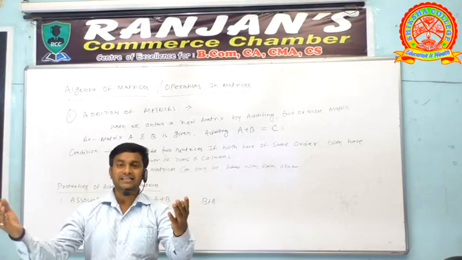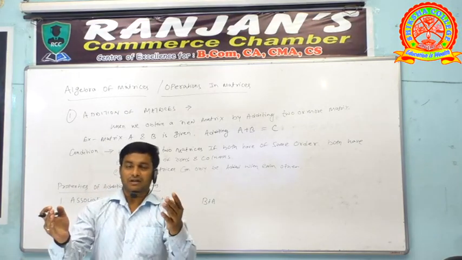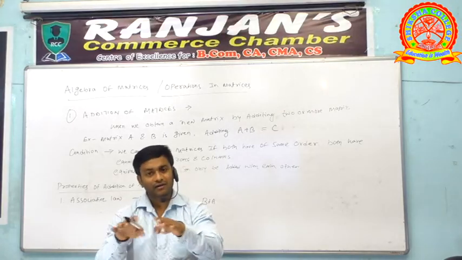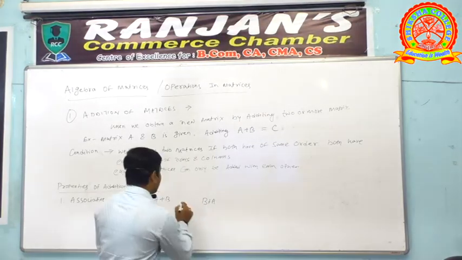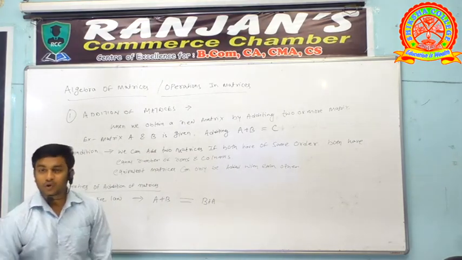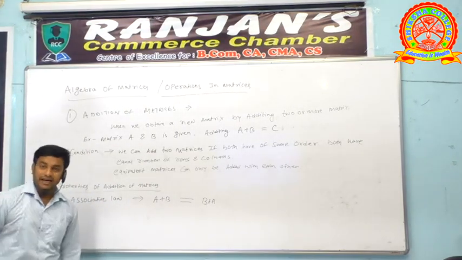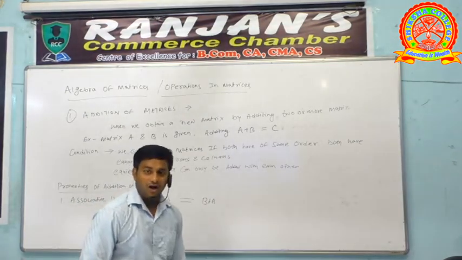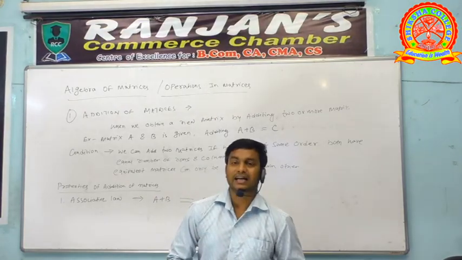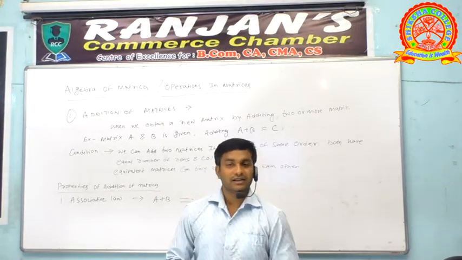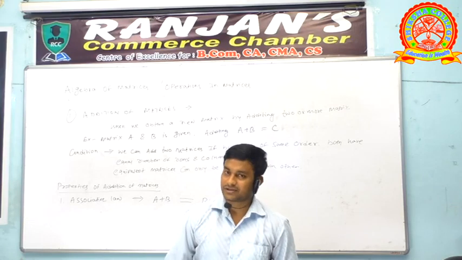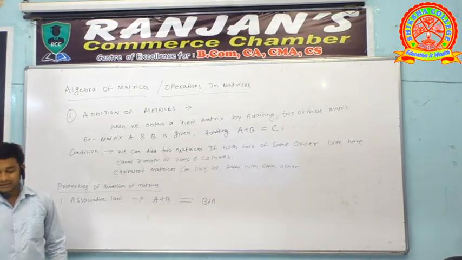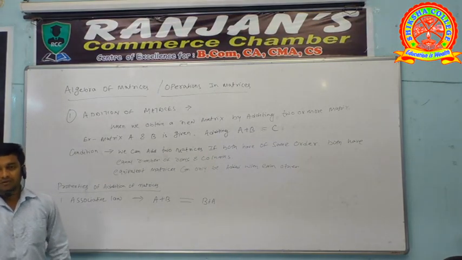If A is given and B is given, if the first place is A and the second is B, and we add both, then the answer is equal to B plus A. A plus B is equal to B plus A. That is called the associative law: if the places of two matrices are interchanged, the result has no impact. We derive the same result. Clear?